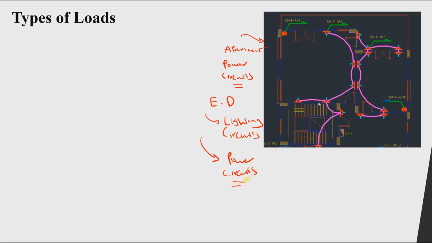When we say power circuits, we are talking about the power outlets or power sockets, and we also talk about the electrical heater, the split air conditioning system, and so on. What you can see in this AutoCAD drawing, part of the apartment, is we have this room, this one, and another room here and the rest of the other rooms.